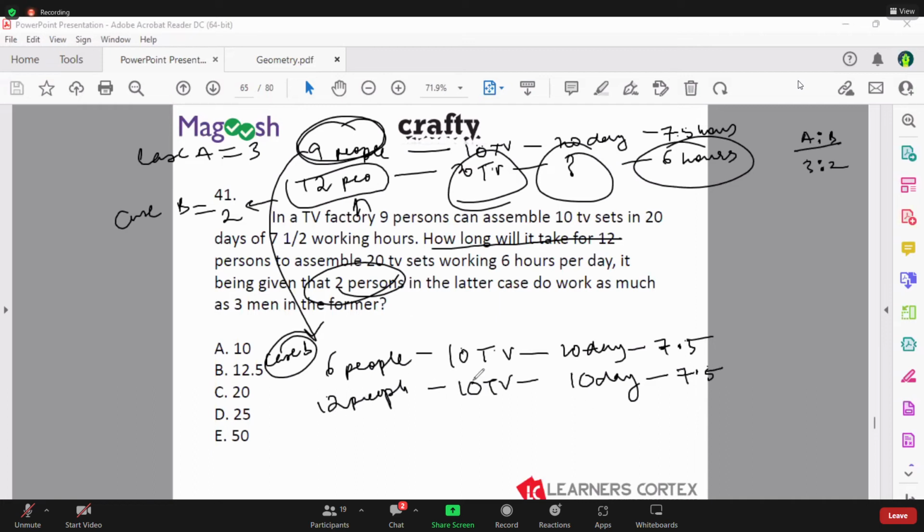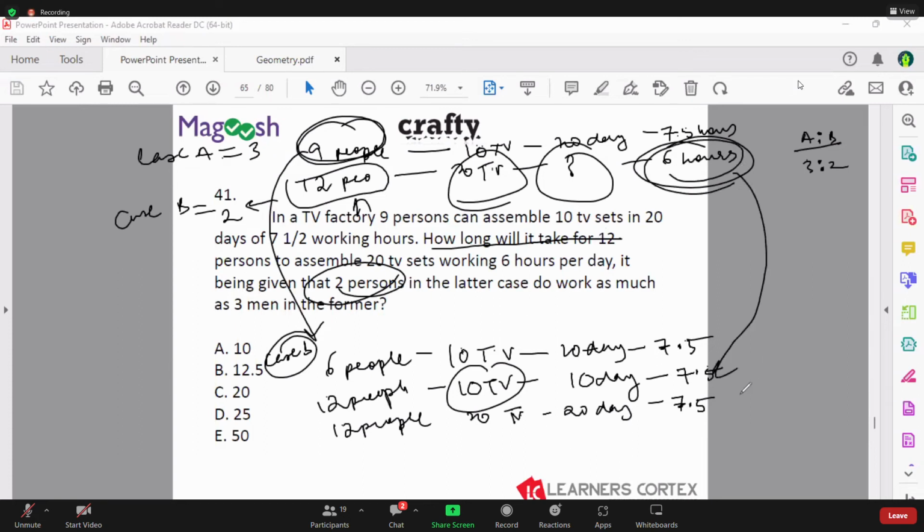Now it is asking 20 TV sets. We have basically doubled the work. So again, 12 people, 20 TV sets. Double the work, so double the time, keeping the number of people constant. So 7.5 hours. Now it says that the working hours are supposed to be 6 hours.